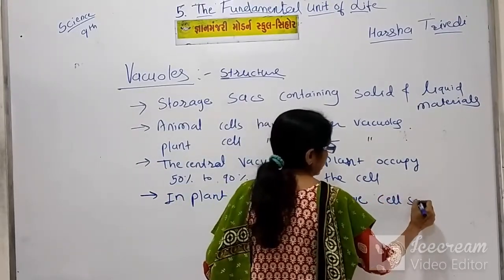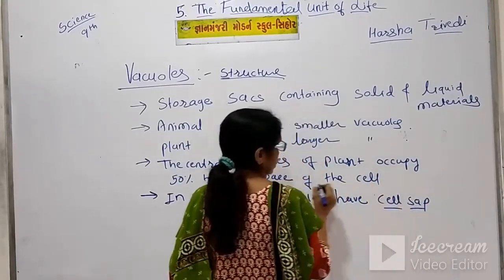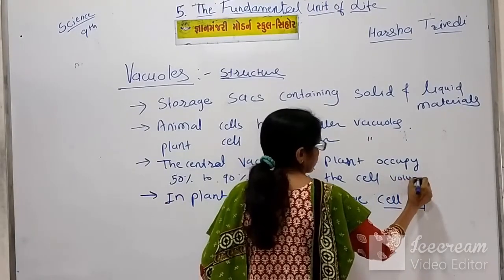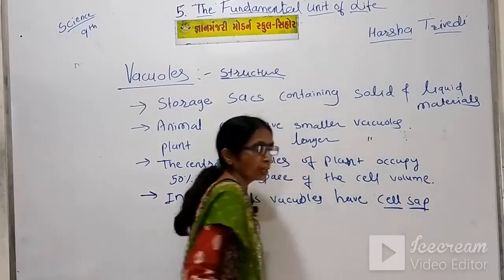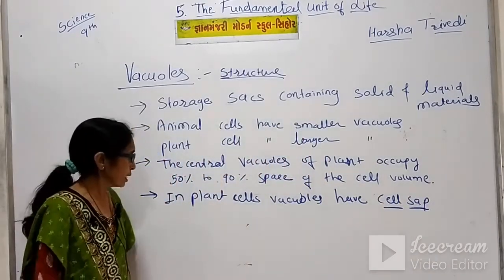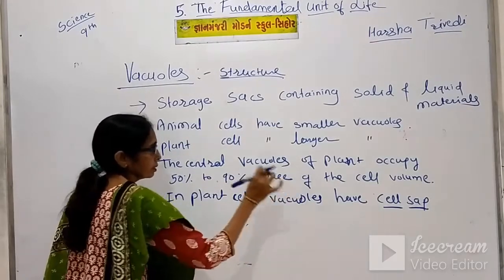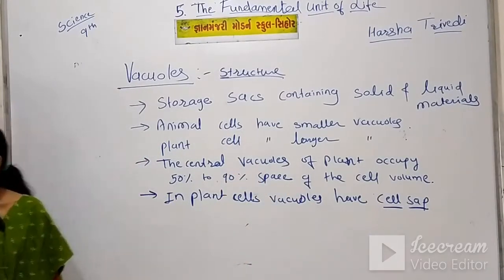Very important word, as I told you. Cells have a very important material, which is called the live material of the cell. In plant cells, vacuoles have cell sap. Okay students, so note down this.